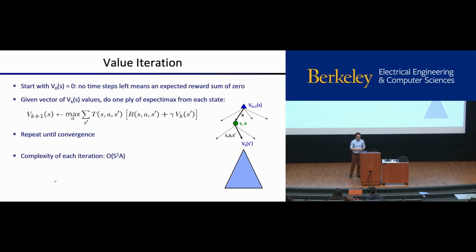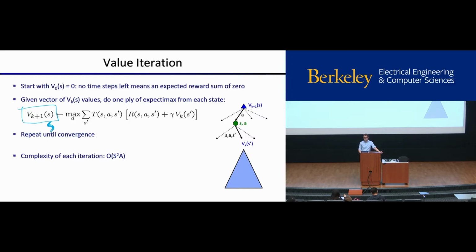The complexity of each iteration is on the order of the number of states squared times the number of actions. If you don't see that immediately, let's look at what this update expression is doing. We have this expression for V of s. So we need one of those values for each possible s. So there's S things that we're trying to update.